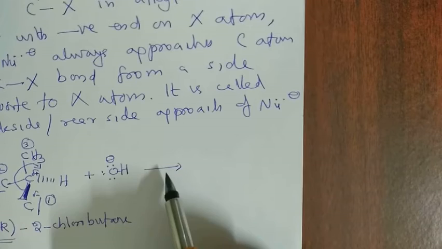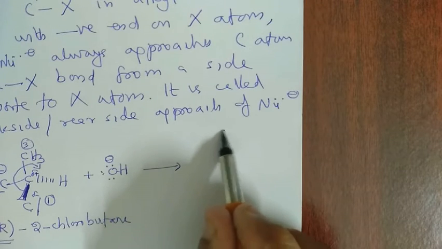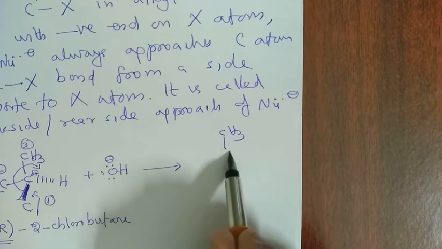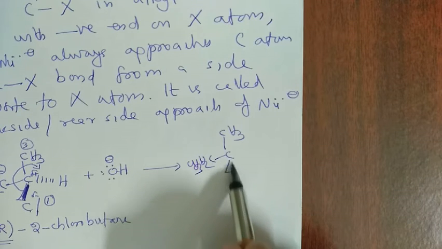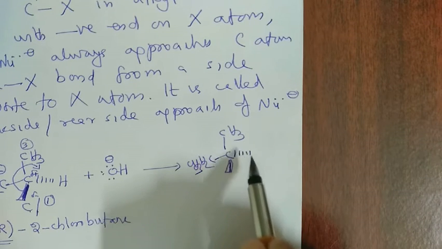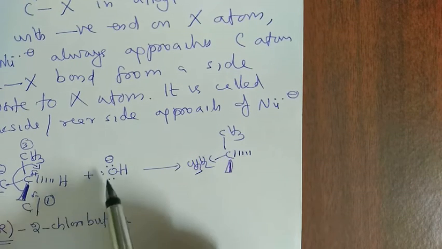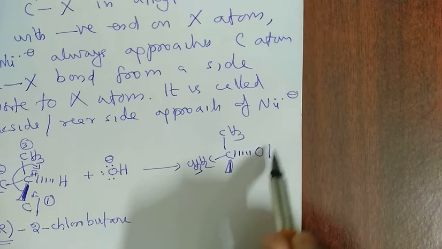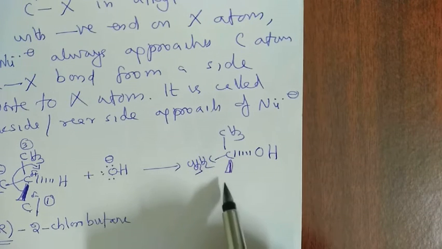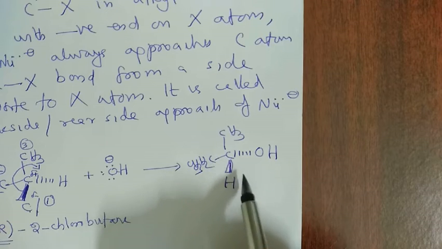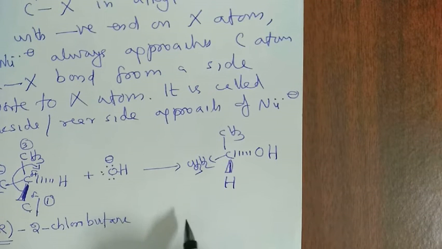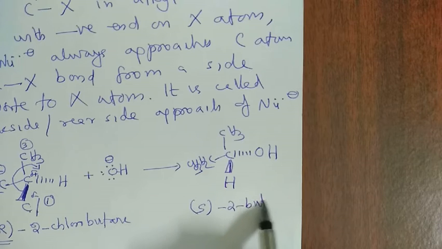So the structure of the product will be like this: CH3, CH2, CH3. Chlorine will be replaced by OH minus. OH will be in the rear side. Therefore, the hydrogen atom will be pointing towards the observer. This is the S isomer of 2-butanol.